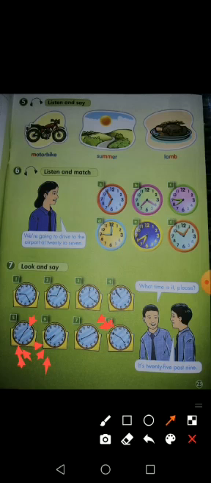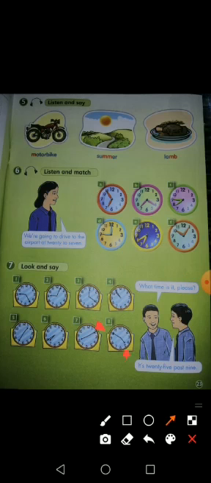And the last one, it is what? It is 10 to 5. 10 to. Look here. We don't say 10 past. 10 to 5.